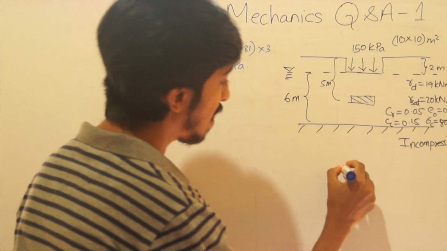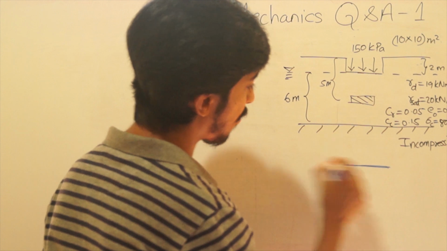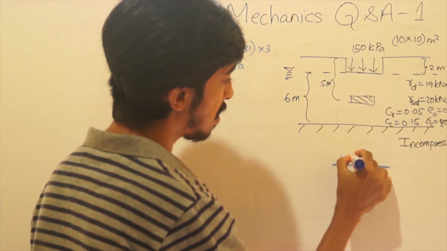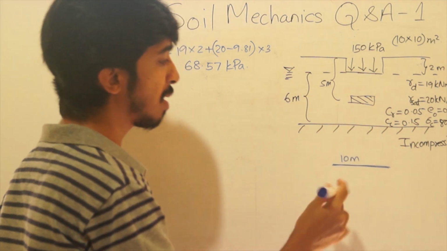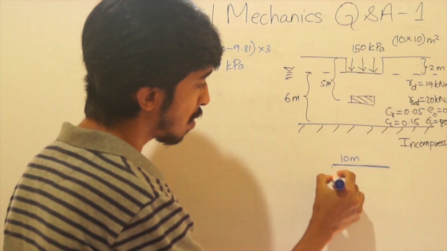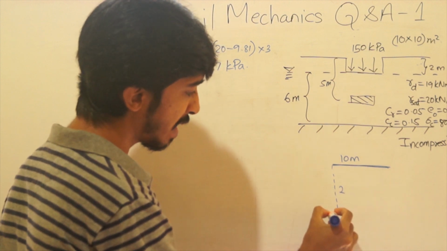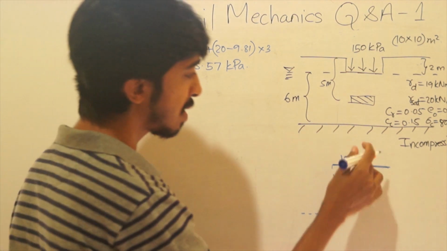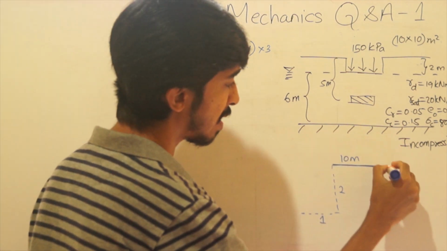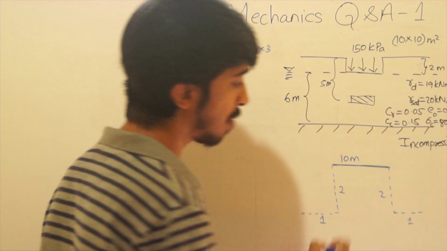So here this is our foundation, which is 10 meter, and there's another 10 meter into the board, so square footing. When we go 2 units down vertically, the spread is 1 unit in the horizontal direction. Similarly, either side there will be a spread.